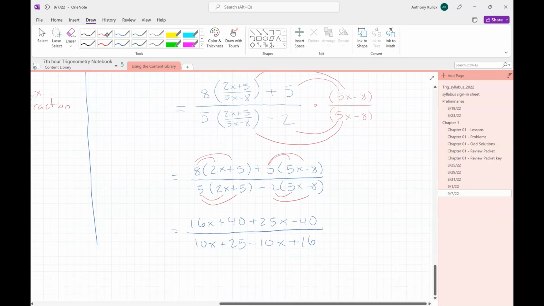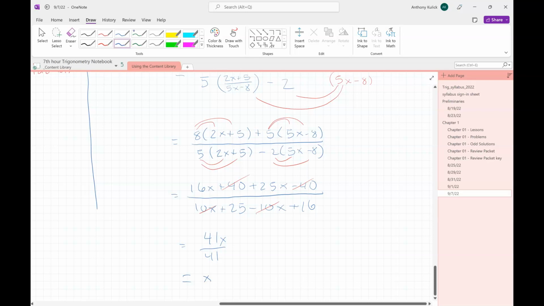And now that we've distributed, what do you notice? And you get 41x over 41 again. Hey, that looks familiar, doesn't it?